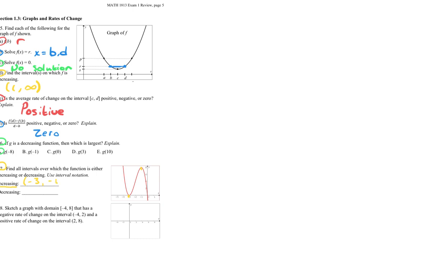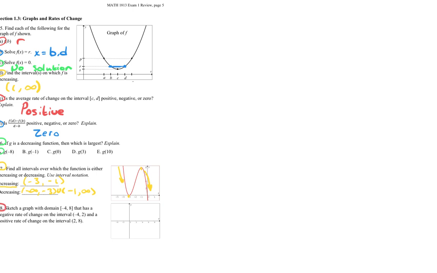Yeah. Okay, and then for decreasing, we can see that we're going from -infinity all the way to -3. Our function is decreasing downwards, right? And then the same thing from -1 to infinity. So the way we're going to write that is with parentheses, -infinity to -3, union -1 to +infinity.